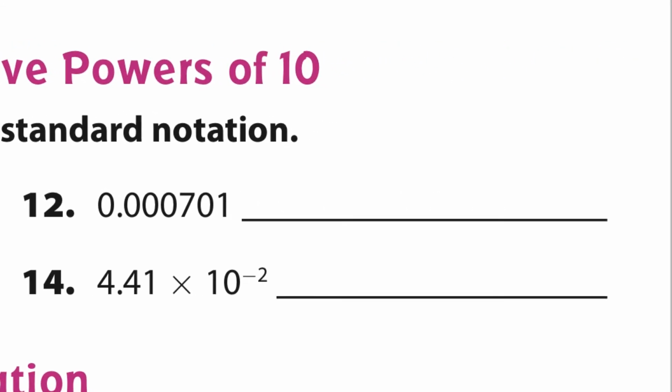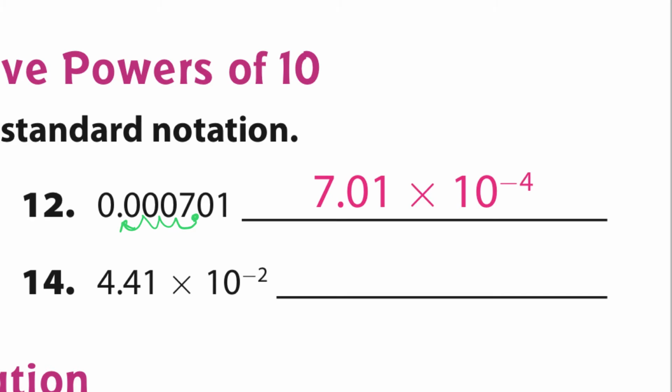And we have this here. The decimal would go right there, because that's the only way you're going to create a number between 1 and 10. So it's going to be 7.01 times 10 to the negative 1, 2, 3, 4. I have to move it 4 times to the left, so it's going to be a negative 4 on the exponent right here.